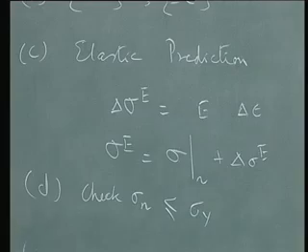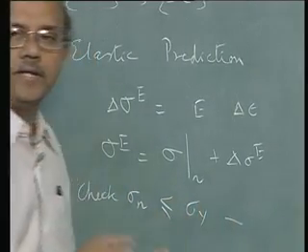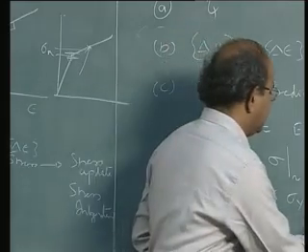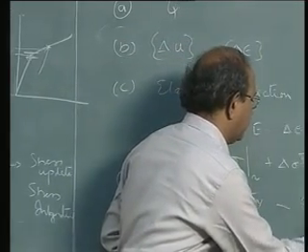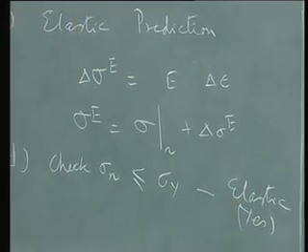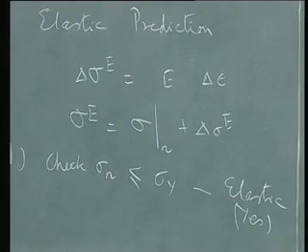Now, let us consider one of these cases, the most difficult one. Let us say that this results in elastic, I will say yes, in other words. That is the first thing.